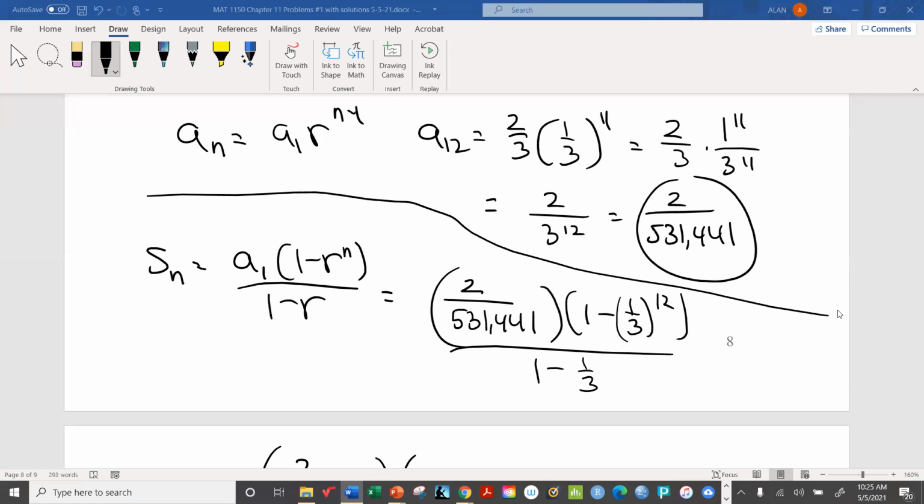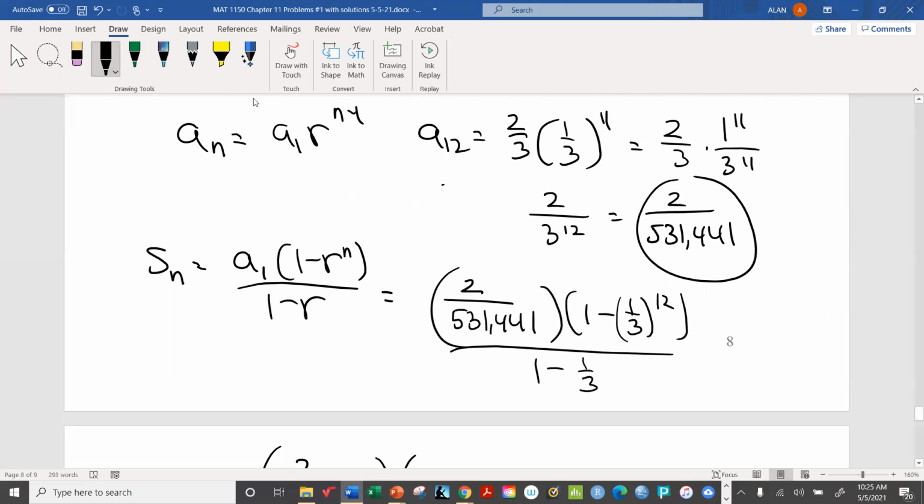Okay, so in other words, here is what I actually did. This 2/3, I'll move this over here. I may have left out a step. It's 2/3 times 1/3 to the 11th. That's where this comes from.